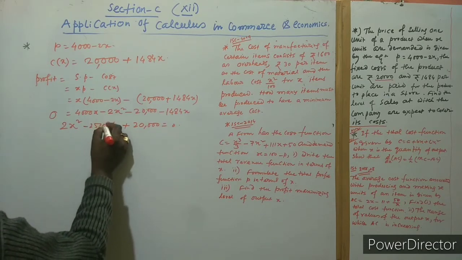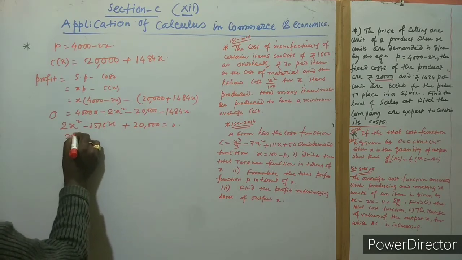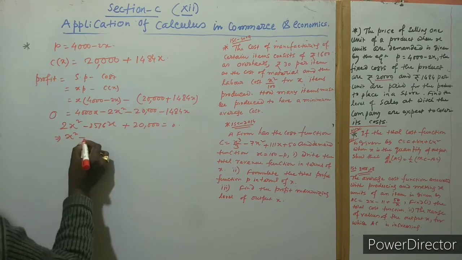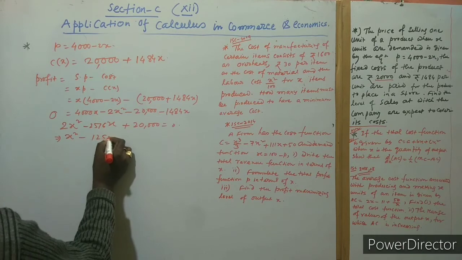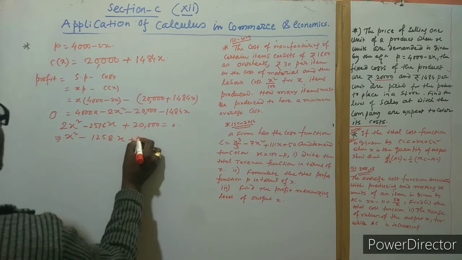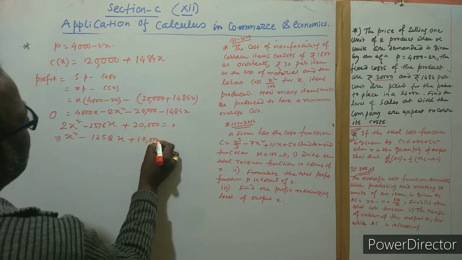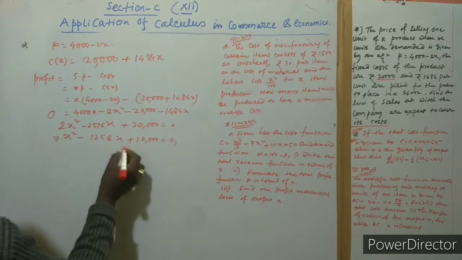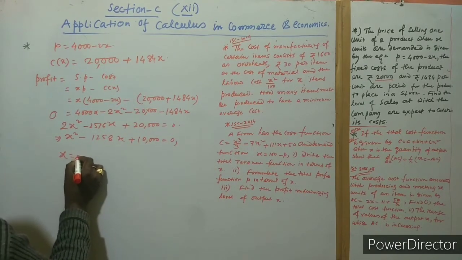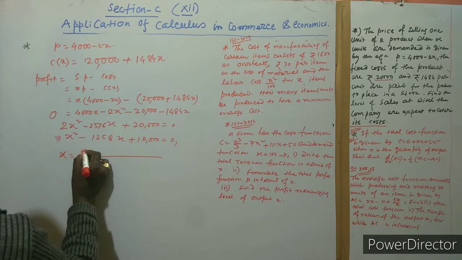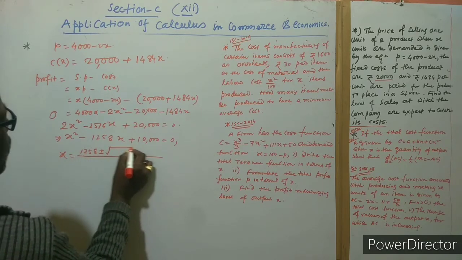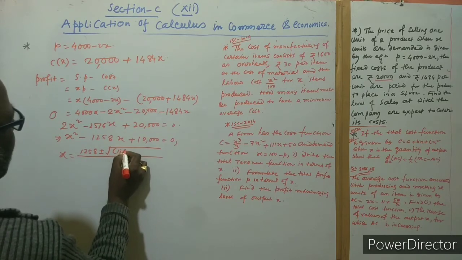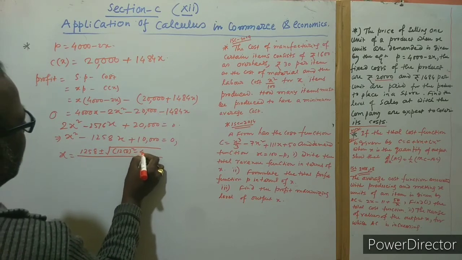When we divide by 2, then we get here x square, that is 1258x plus 10,000. And if we apply the Sridharacharya formula, then x is equal to minus b plus minus root over b square minus 4ac.